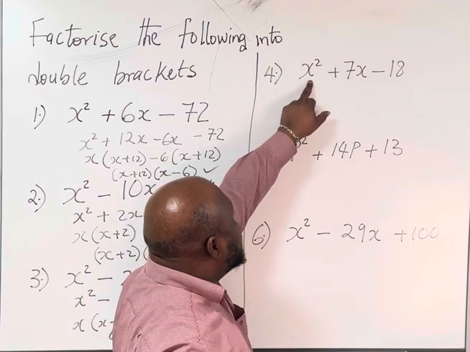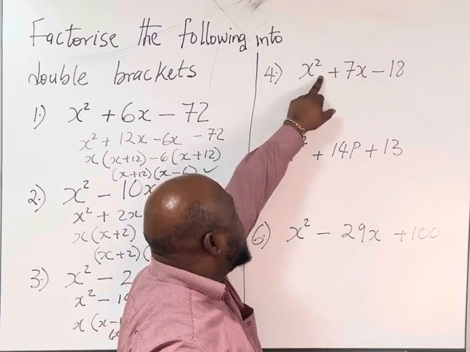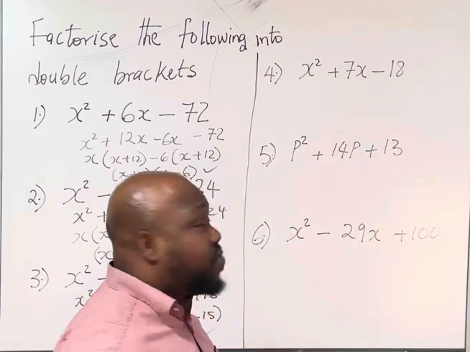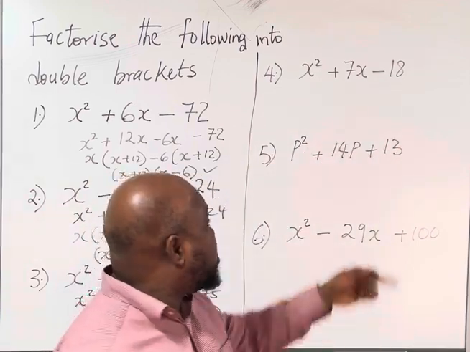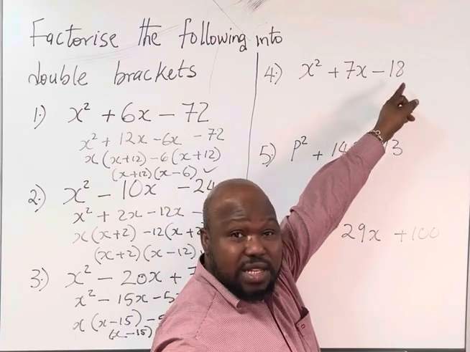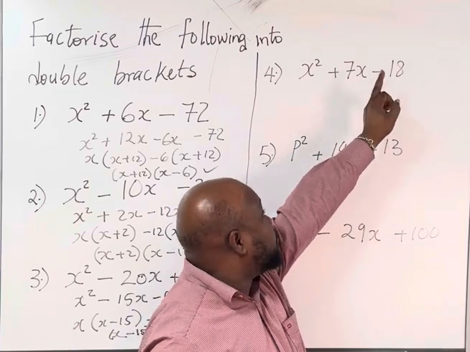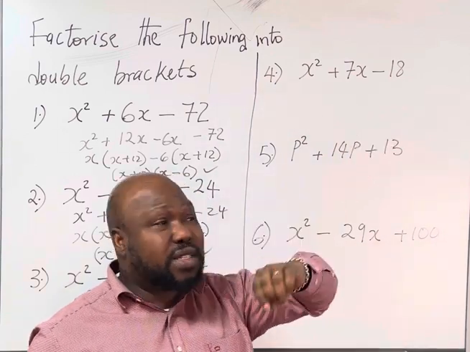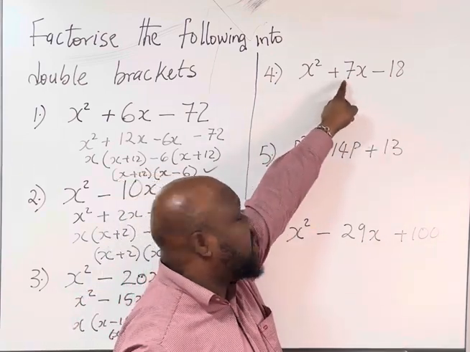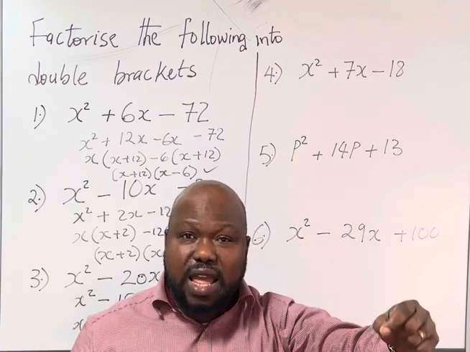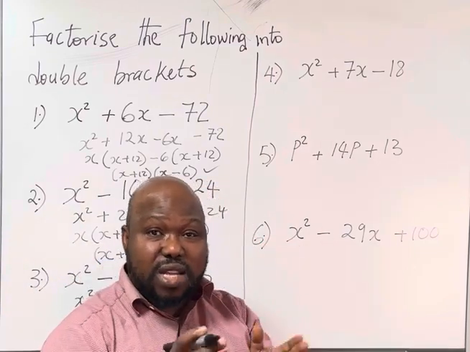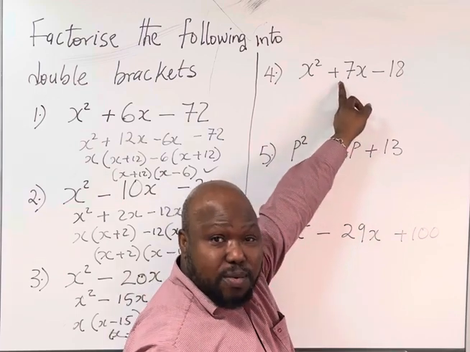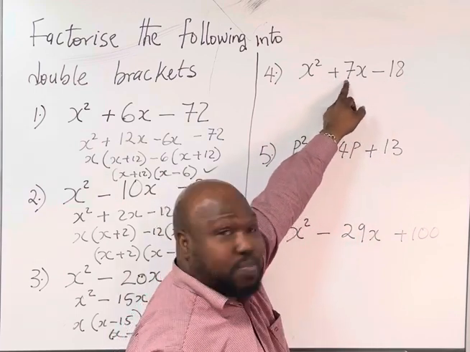The next one is x squared plus 7x minus 18. We look for two values again. For example, let's consider 9 and 2. When you multiply them together, they give you 18. But because this is plus 7, we say plus 9 minus 2. Plus 9 multiplied by minus 2 gives us minus 18, and plus 9 minus 2 gives us plus 7.